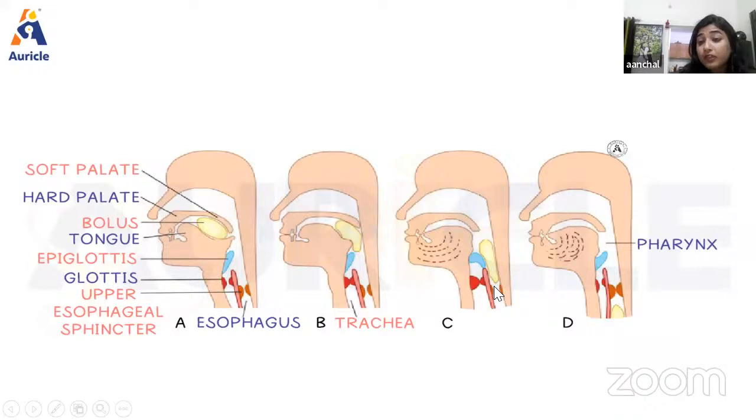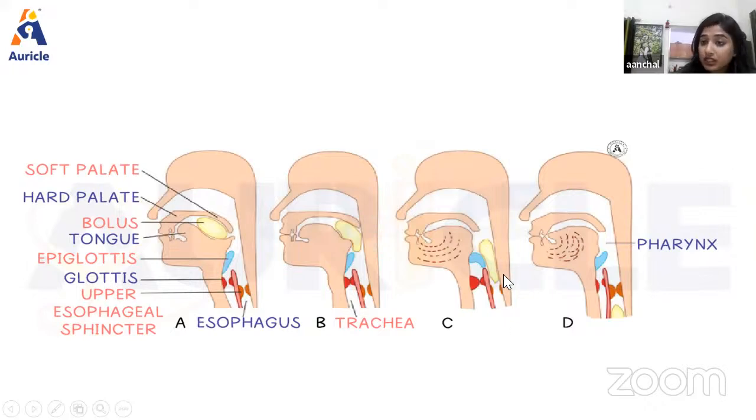So now we can see that whenever the food is present inside the pharynx, it has four pathways. It can enter into the nasal cavity, it can enter the mouth, it can enter the respiratory passage or the larynx, or it can enter the esophagus. So obviously the food needs to move in the correct direction, into the esophagus.